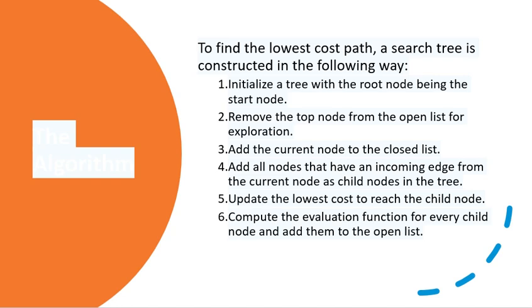And the sixth step is to compute the evaluation function for every child node and add them to the open list. This process is repeated until we reach the destination node, or our goal node is part of our closed list. Don't worry, we will explore this through an elaborate example, and then I will try to explain how this actually works.